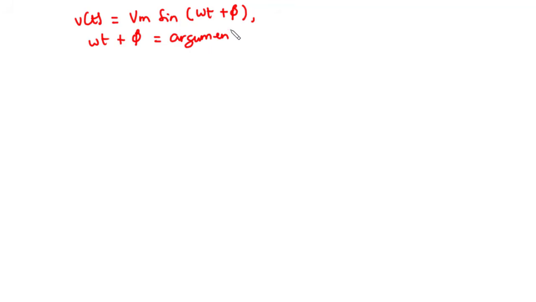So now let's consider a more general expression for the sinusoidal voltage, that is V of t equals Vm sine omega t plus phi, where we have omega t plus phi to be the argument, and then we have phi to be the phase, or the phase angle.